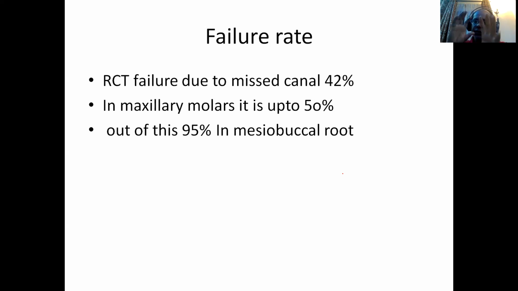This deflection of the file makes negotiation, disinfection and debridement of the canal a bit difficult. Fracture of instruments is also more common in the mesobuccal root because of this problem. So failure of root canal is more common in the mesobuccal root of maxillary molars, and one of the causes is the missed MB2 canal.